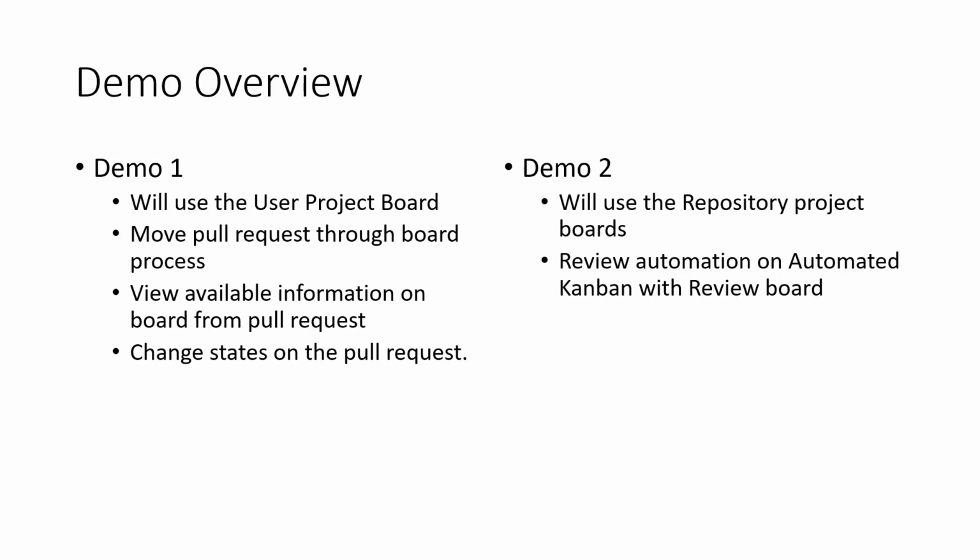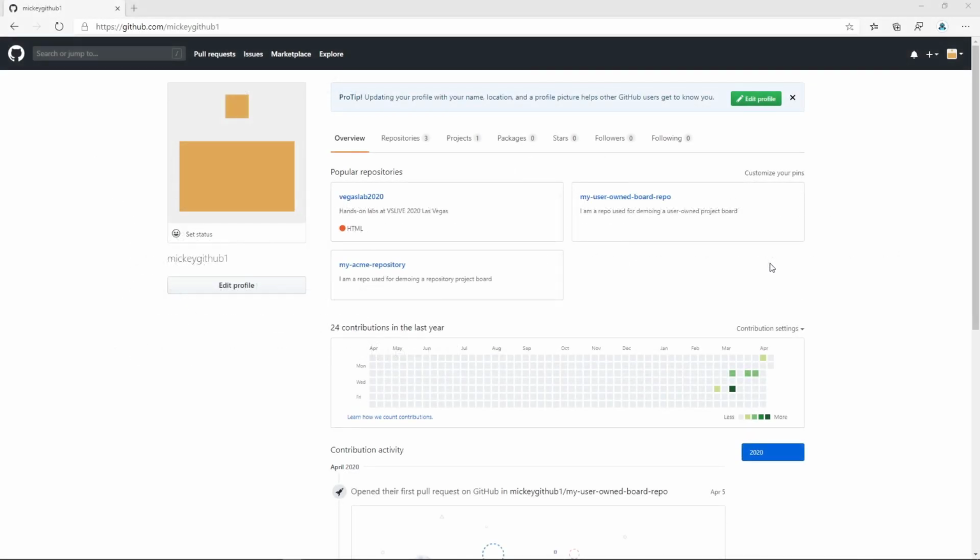In the second demo, I'm going to do something similar to the first demo, but I'm going to use the automated Kanban with reviews repository project board instead, which has some extra automation on it, and we'll see how that affects the pull requests.